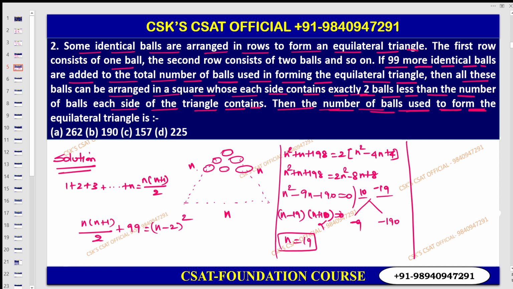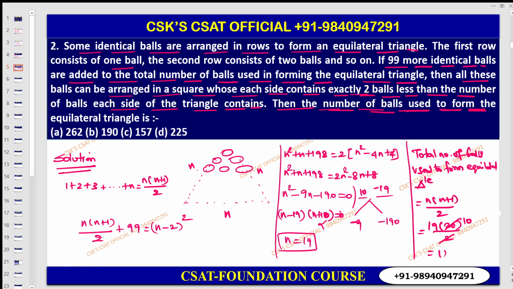So the total number of balls used to form the equilateral triangle is equal to n into n plus 1 by 2. Which is equal to 19 into 20 by 2. So this is 10. 19 into 10 becomes 190. Understood?